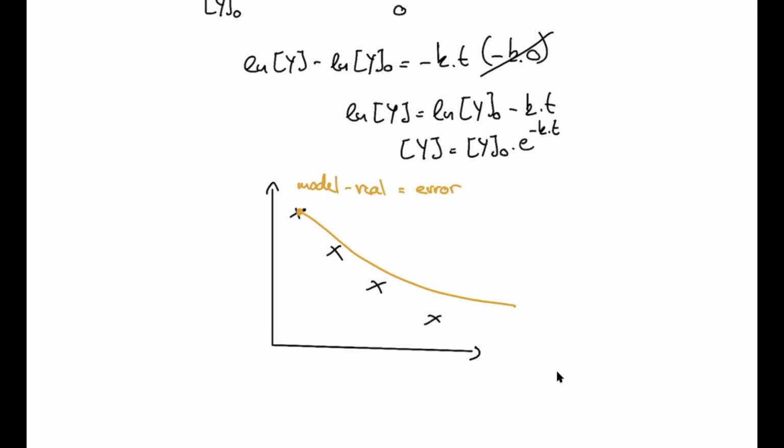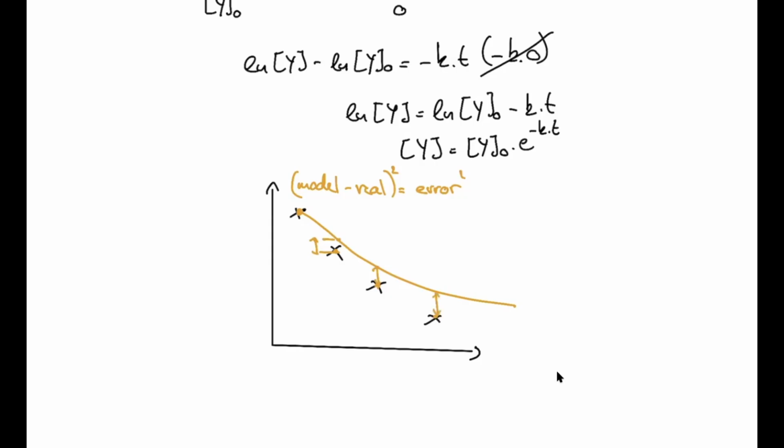The reason why they take the square is that this number can of course be negative or positive, but if you square it, then it's always positive. So I do that for each point. I look here, I have a certain error, and here I have a certain error, and here I have a big error.